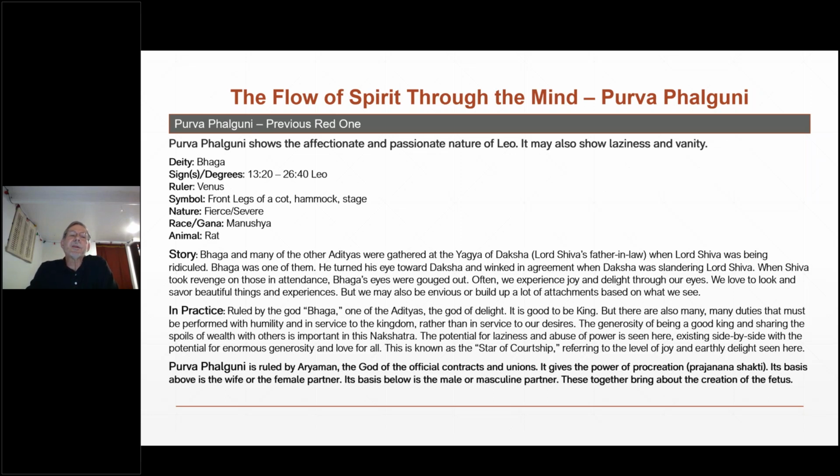And so what you see here in Purva Phalguni is that affection and passionate nature of Leo that can also be lazy and vain. So the deity here is Bhaga, and we're getting into the story of what I was talking to you about. Bhaga is called the god of delight, and you want to have delight, all the earthly delights in the kingdom.